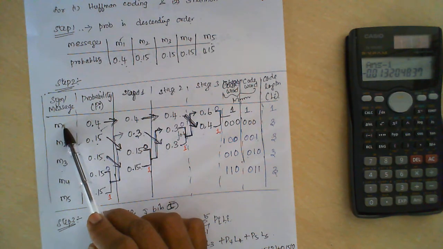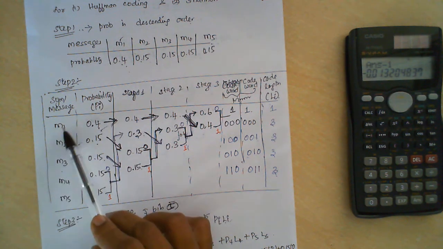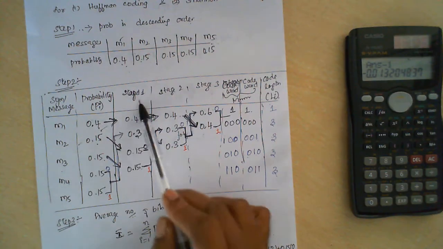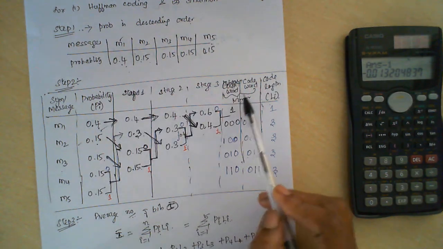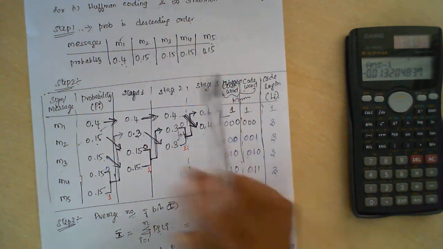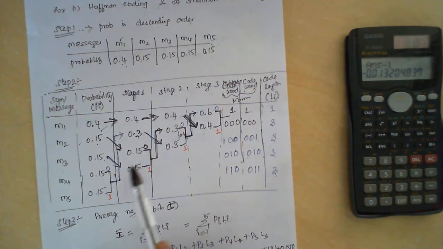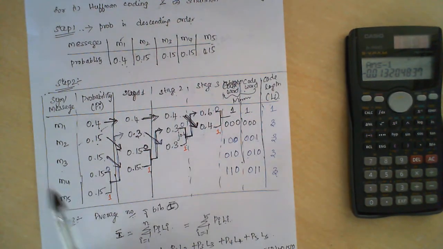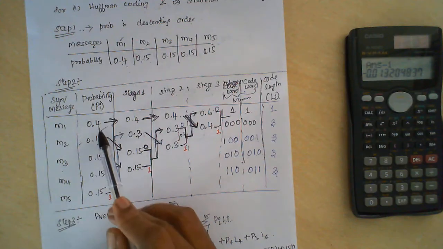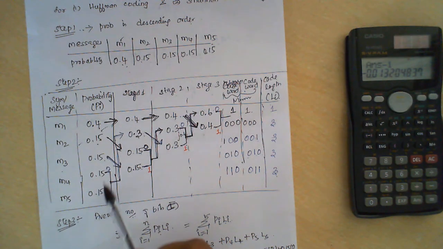After rearranging the symbols, if it is required, you go with the stage separation and write the code word and code length. This is the basic tabulation you should follow.